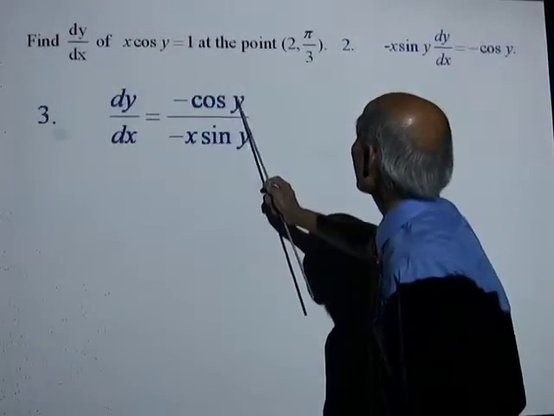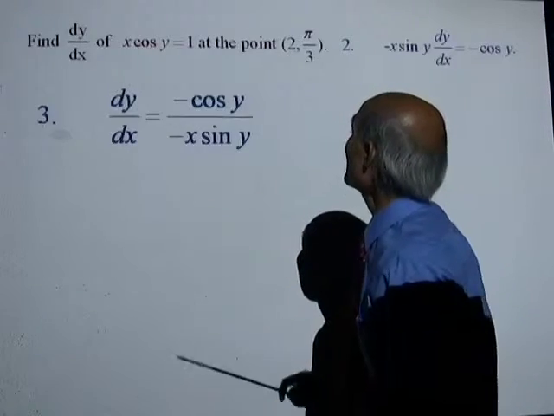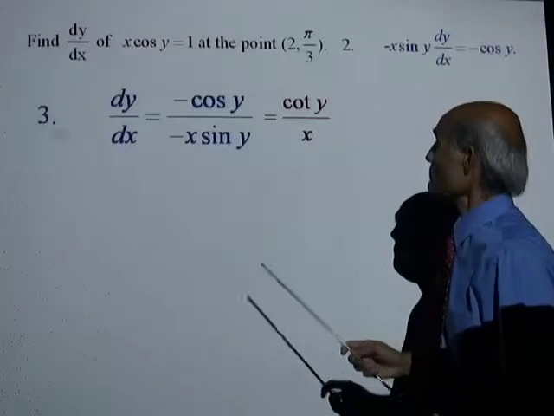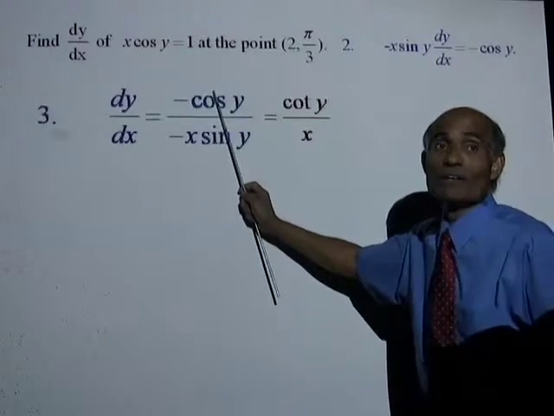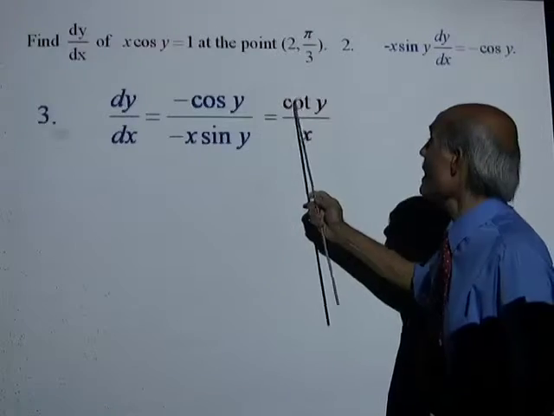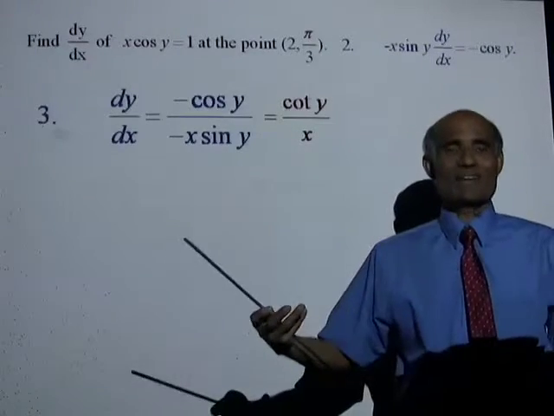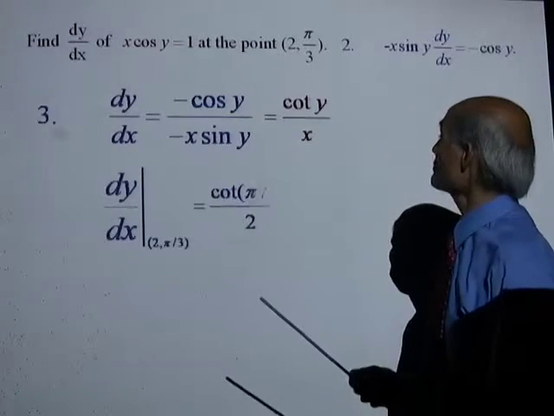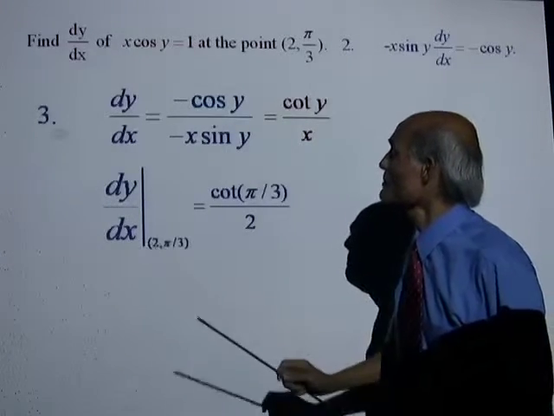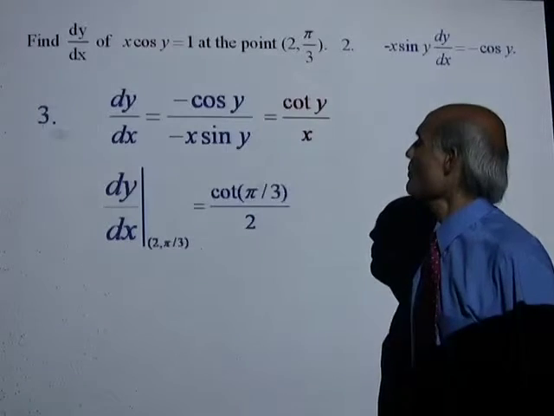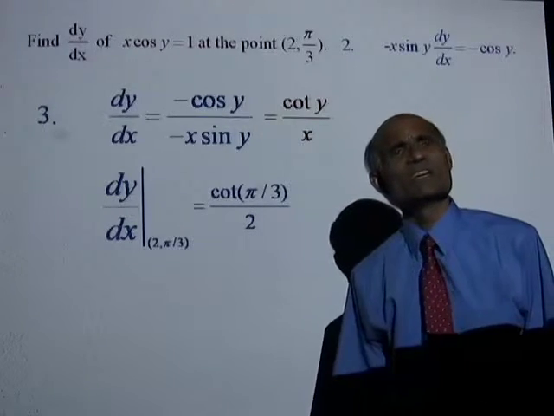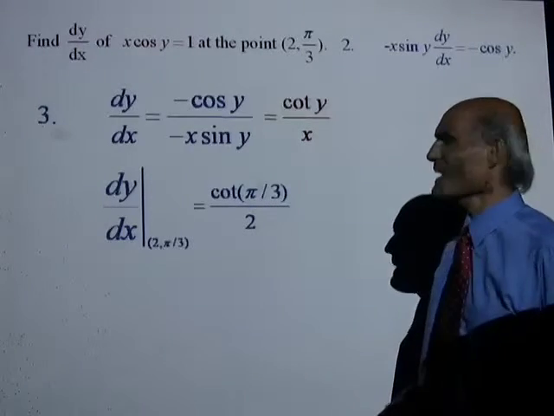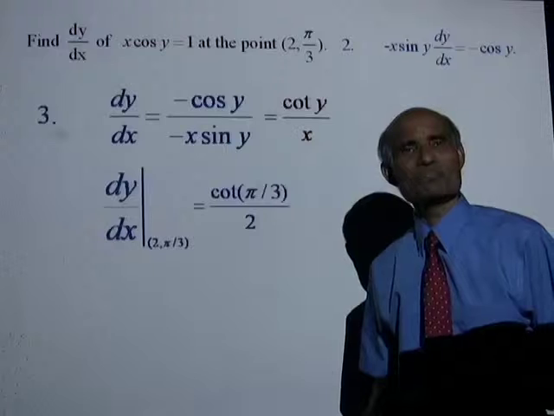So replace your y by pi by 3 and your x by 2. Negative divided by negative will be 1. Or you can even do it this way. Cos y divided by sine y is cot y. And then you know what cot of pi by 3 is equal to. So the derivative at x equal to 2, y equal to pi by 3 is cot of pi by 3 divided by 2. What is cot pi by 3?